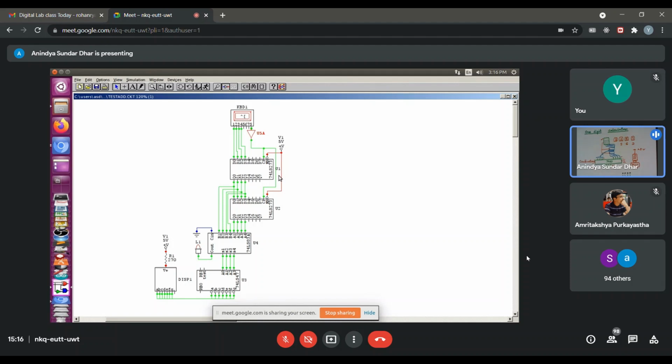So I could have used a single 74273, the first 4 bits as the first 4-bit register, and the second 4 bits for the second register. But then the connection would look very clumsy, right? The output Q0 should go back to D4 and so on. So just to avoid that clumsiness, I have used 2 of them.